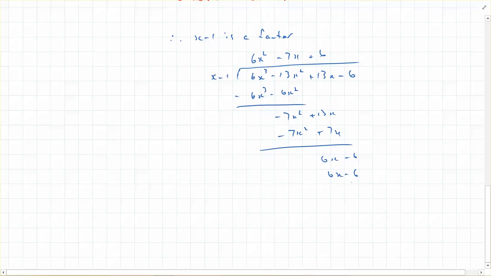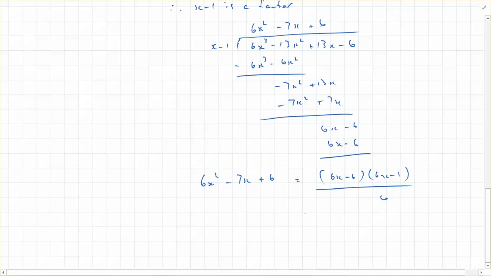So I now need to factorise 6x squared minus 7x plus 6, that's equal to, multiplies to 6, adds to, so it's minus 6 minus 1, 6x minus 6, 6x minus 1, that's just my quick technique, so that's x minus 1, 6x minus 1.